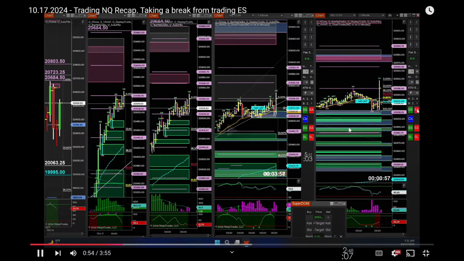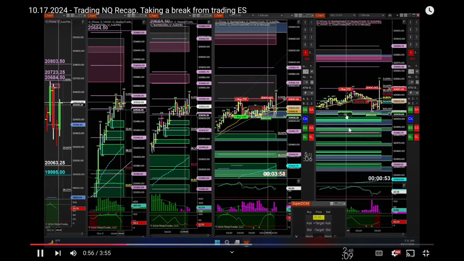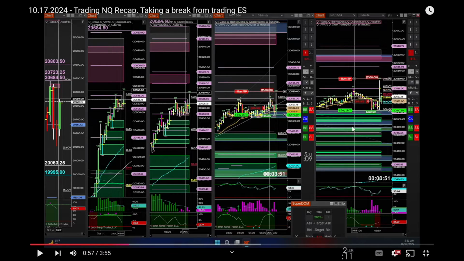Now I got out of this position pretty quick, and you'll see why. So when I first entered the trade, you saw that the POC on the 5, the 15, and 30 was the top of the bar, right? Now, as soon as I entered the trade, I saw that the POC shifted down to the bottom, right?